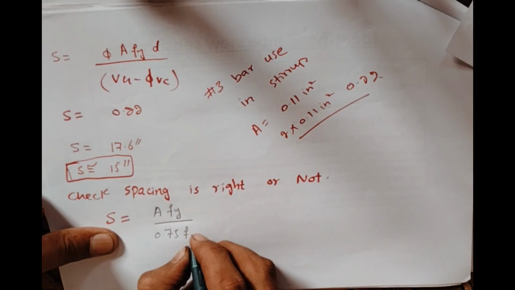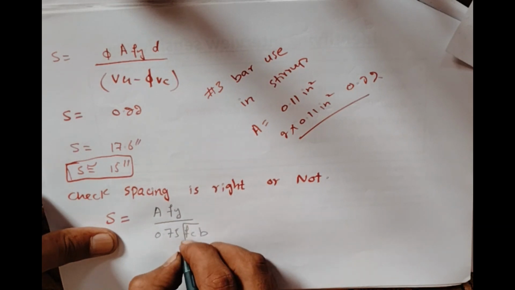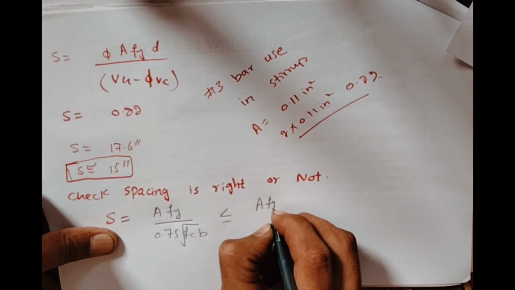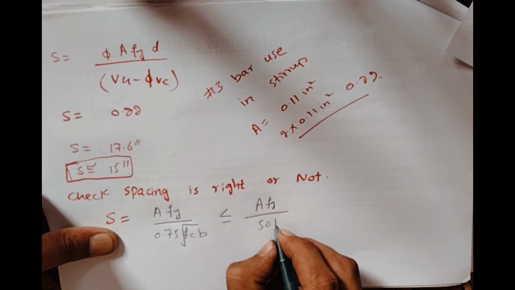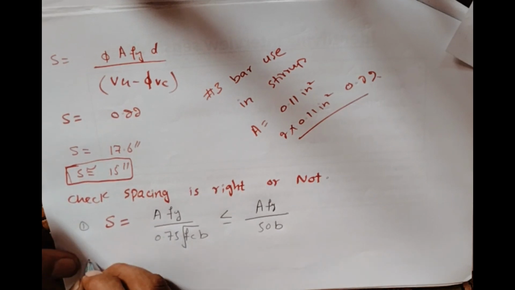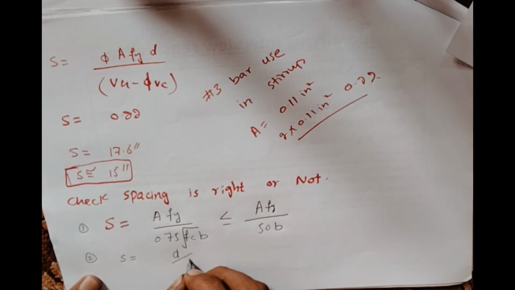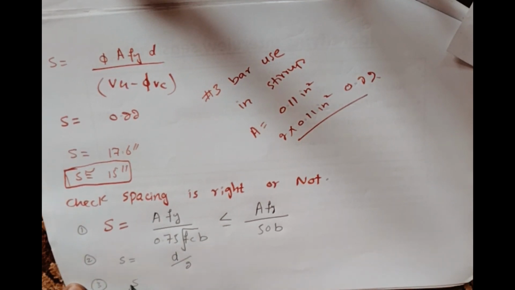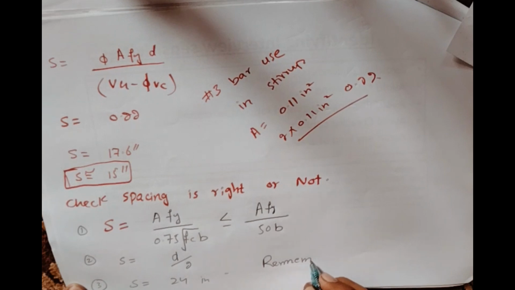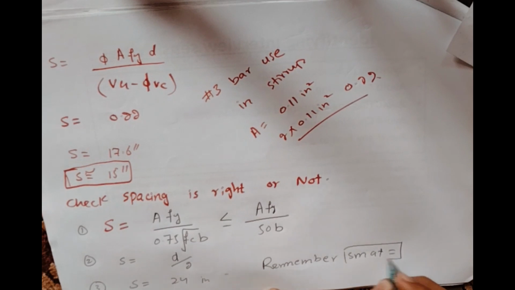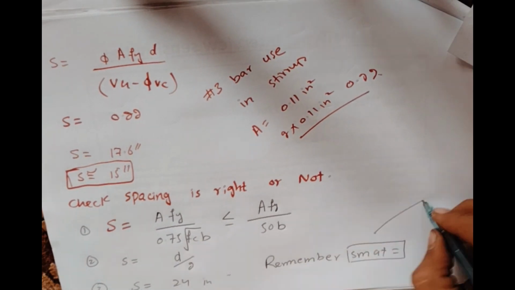One check is S equal to Av fy divided by 0.75 root fc prime b, which should be less than or equal to Av fy divided by 50 into b. This is called check number one. The second one is S equal to d, the effective depth, divided by 2, and the third one is S maximum equal to 24 inch. It means never provide stirrups with spacing greater than 24 inches. So S maximum is equal to 24.